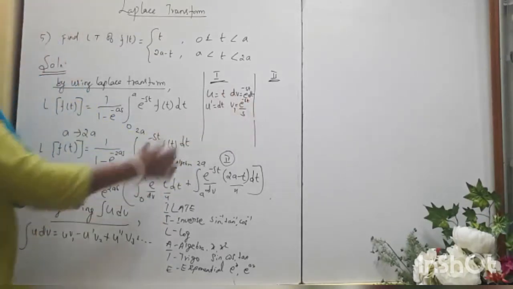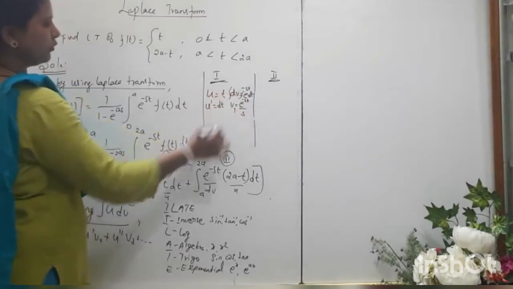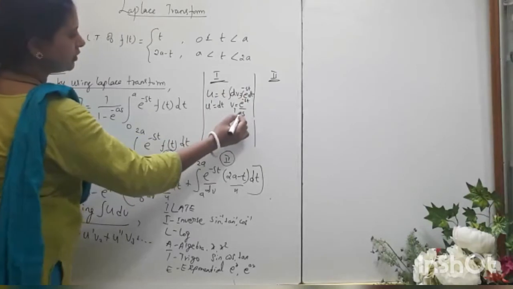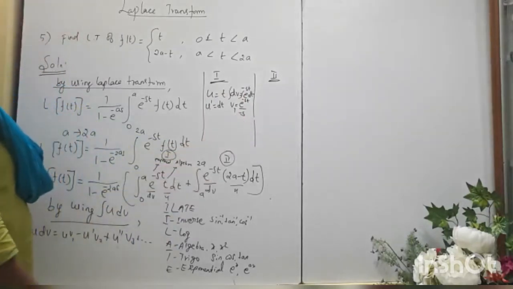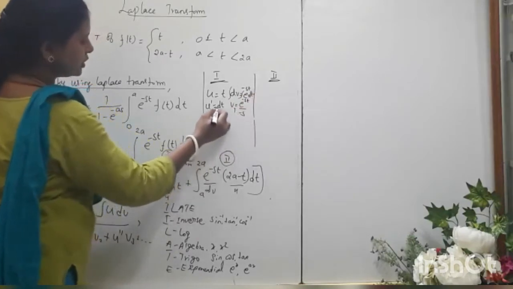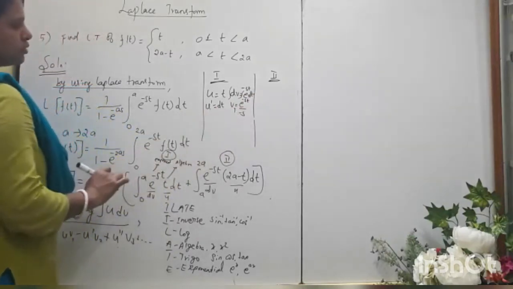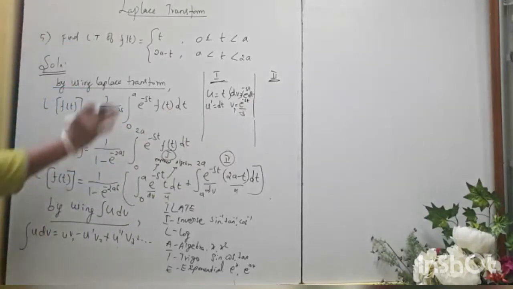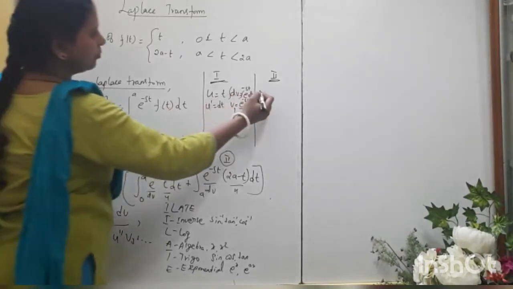You are taking integration on both sides. You will get e power minus st by minus s. Next, integrating further is not possible to differentiate, so you have to stop up to this.